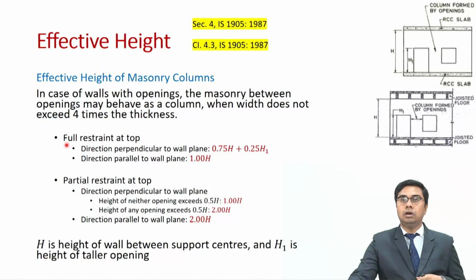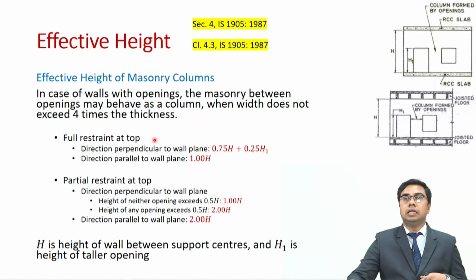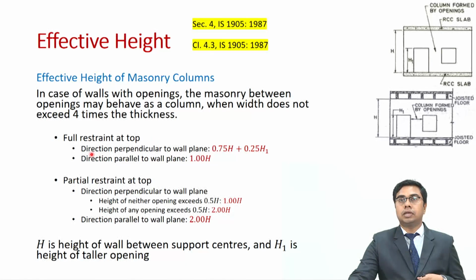If you have full restraint at the top, that is lateral as well as rotational restraint, then you have effective height being defined in different ways for the two directions. For a direction perpendicular to the wall plane, the effective height shall be 0.75 H plus 0.25 H1. H is the same thing, height of the wall between the supports measured center to center.